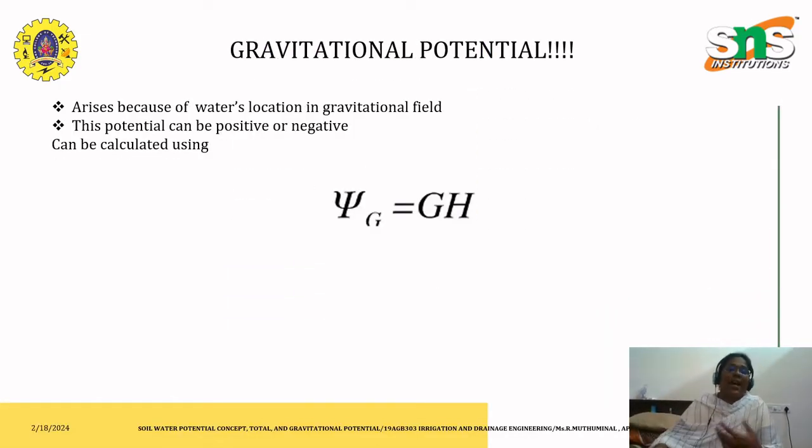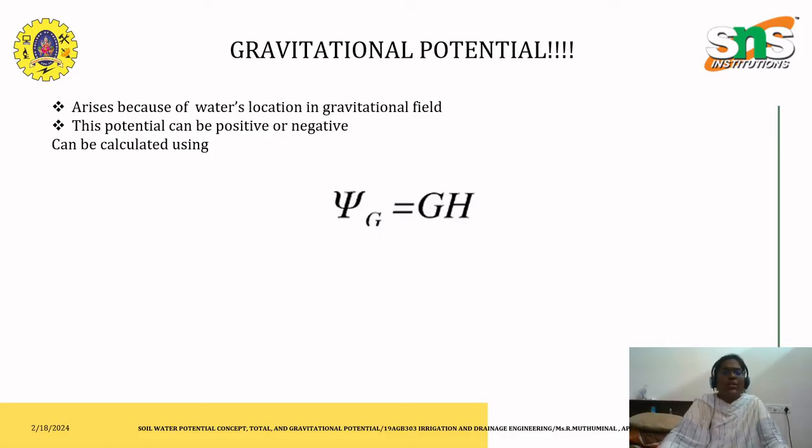And the next one is gravitational potential, otherwise known as gravimetric. It arises because of the water's location in the gravitational field. In the previous sessions I said that the primary forces acting on water are the gravitational force and the capillary force, giving capillary water and gravitational water.